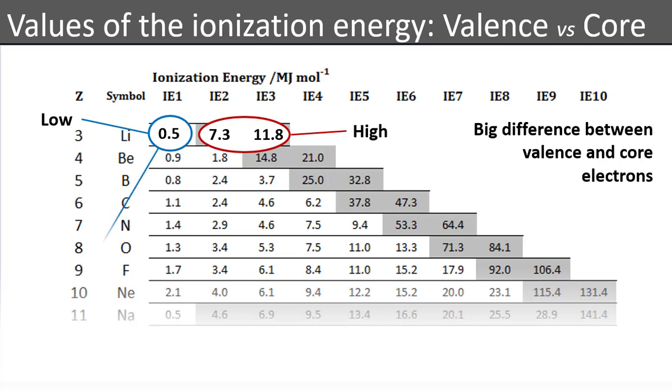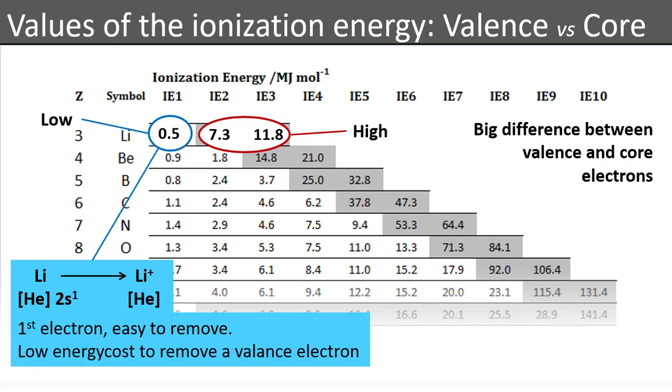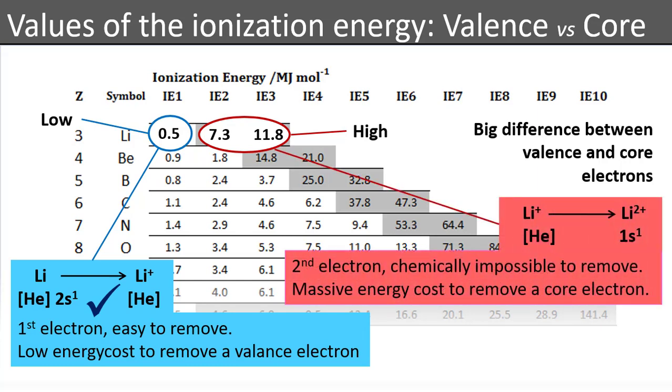So while 0.5 is a relatively low value and easily overcome, 7.3 is huge, way too big to be overcome, and that's why there are no compounds containing the lithium 2+ ion. This much bigger ionization energy corresponds with breaking a closed shell, a noble gas electronic configuration, and it is always like that. It is always energetically too costly to remove a core electron.